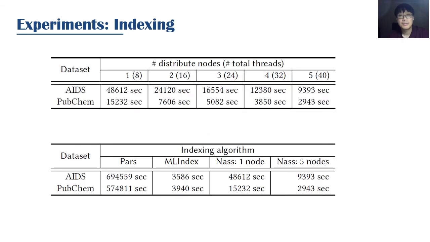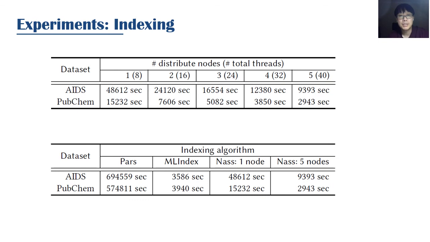This is the result for indexing times. On both AIDS and PubChem datasets, the indexing time linearly decreases as the number of distributed nodes increases. The second table shows comparisons of indexing times with the 2 representative indexing techniques, Pars and ML index.